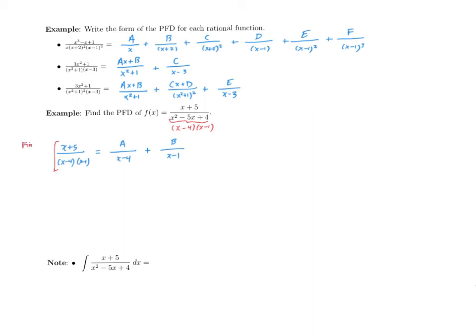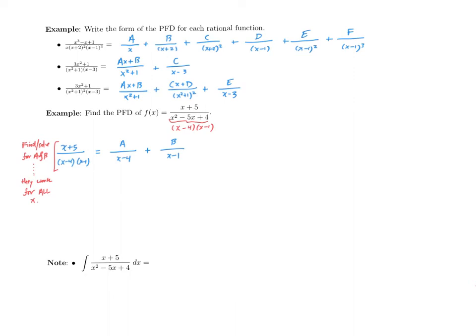So we need to solve for A and B. But the key observation is they work for all values, or any value, of x. And with that in mind, we're going to maybe pick a couple intelligent choices.